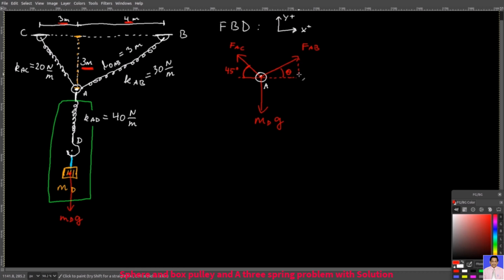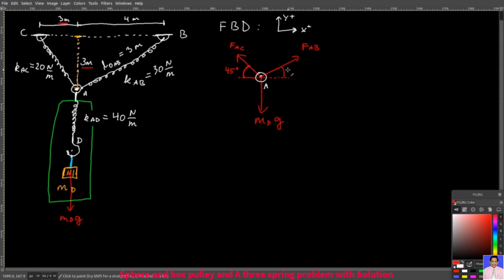Essentially, you have this right triangle. This is 3, this is 4, and that means that tangent theta equals 3 over 4. So theta equals inverse tangent of 3 over 4, and it's 36.9 degrees. That's your answer for this angle.